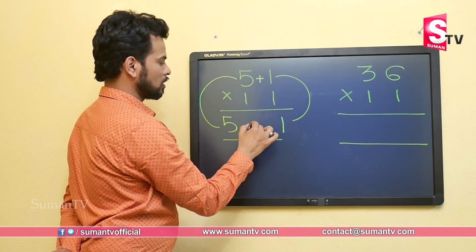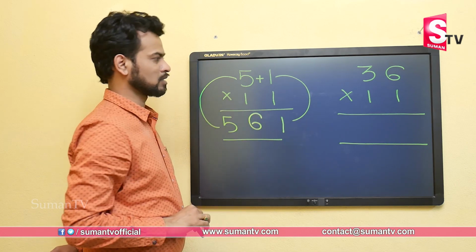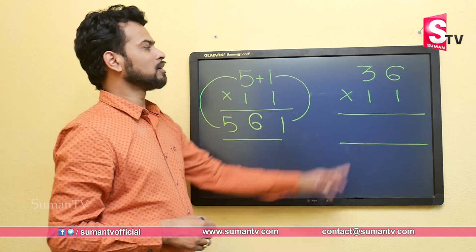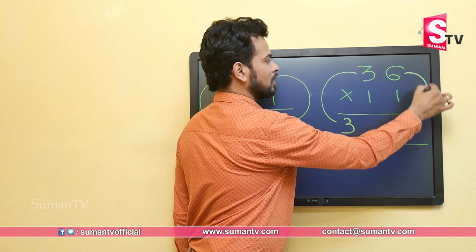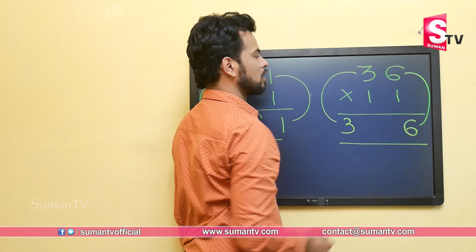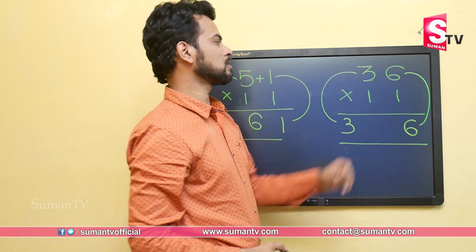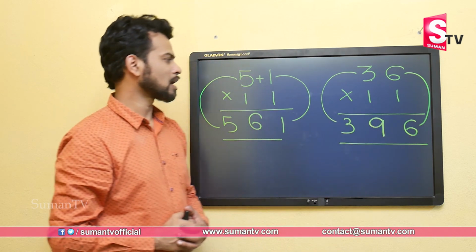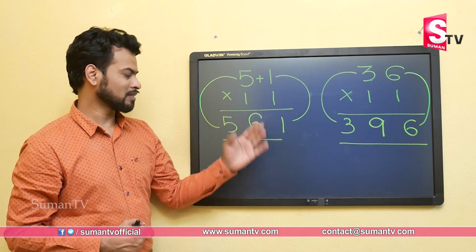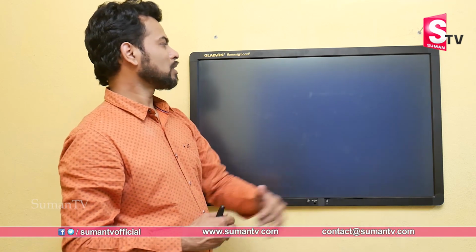So 5 plus 1, that is 6. This is the middle answer. Here also, here it is 3, here it is 6, and we add 3 and 6, that is 9. 3 plus 6 is 9. So this is very easy. So let's try one more example.